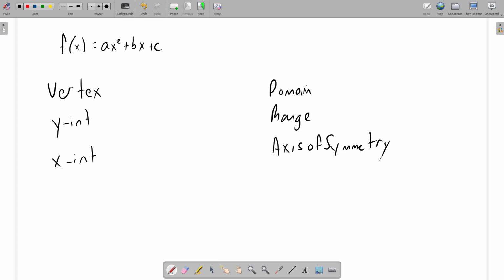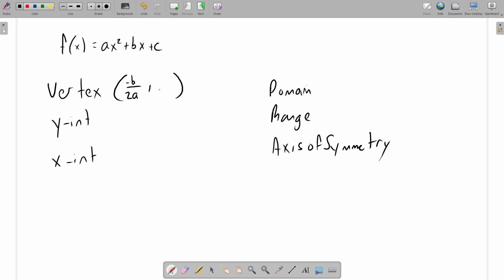So the vertex of a standard form quadratic, there's actually a formula for it. The vertex is a point, so it's a coordinate point, an x and y coordinate point. The x coordinate is going to be negative b divided by 2a. And that's the b and the a from the ax squared plus bx plus c.